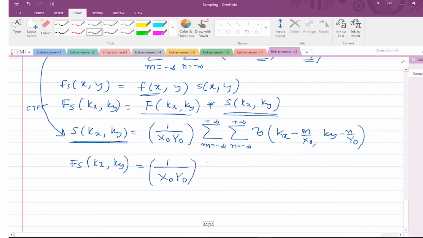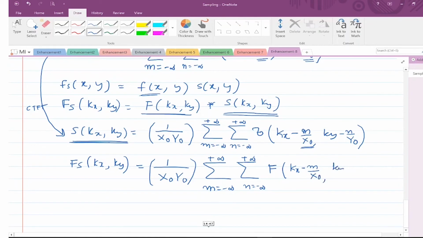Then you take this inside the summation, using the shifting property again, and this is going to give delayed versions. So let me first keep the summations here, m varying from minus infinity to plus infinity, n varying from minus infinity to plus infinity. Now it's going to have delayed copies, kx delayed by this value when you are convolving it with that using the shifting property.